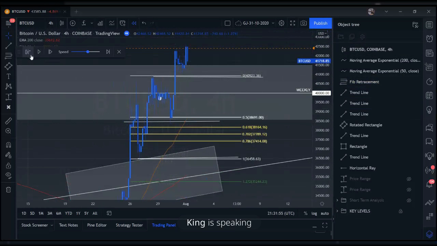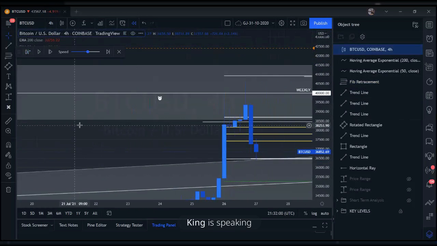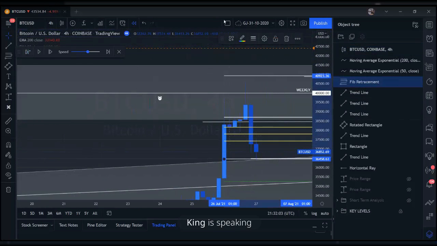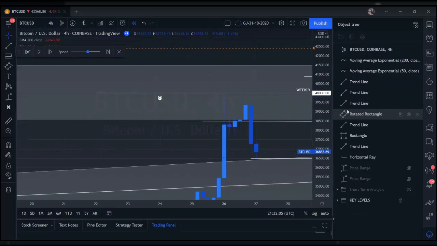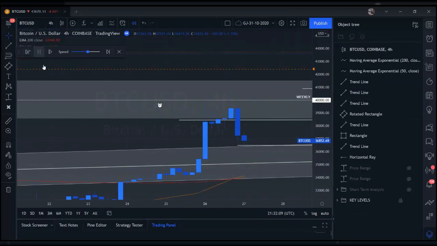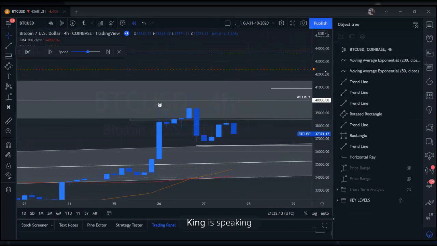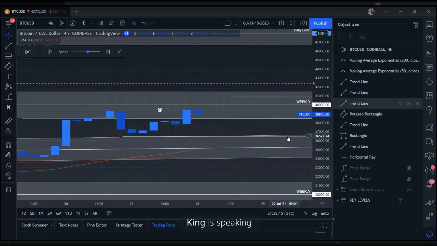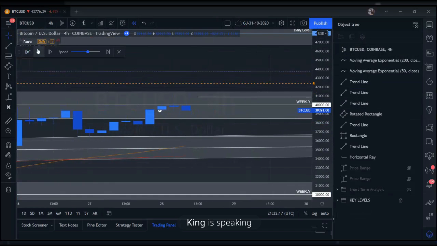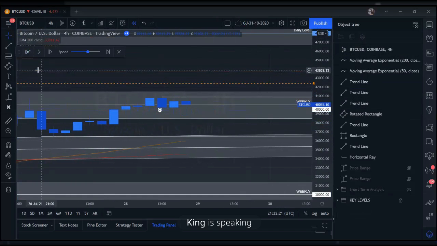If we jump back, let's get rid of this. We can see the market's moving quite fast. We've got our weekly levels there. We've got confirmation of bullish momentum from the golden cross. We've got the market trading around a weekly level where we would expect some selling.